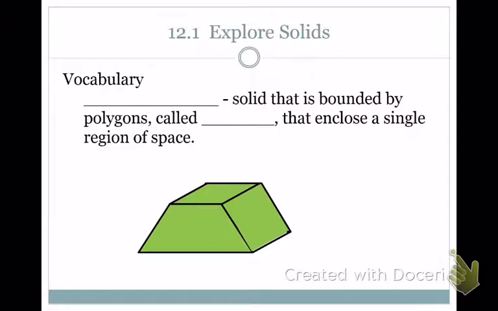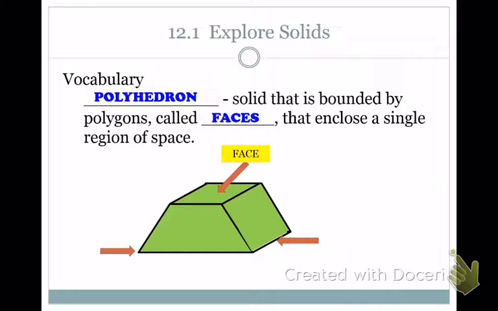What exactly are we talking about here? Some vocabulary. Some solids are what we call polyhedrons. A polyhedron is simply a solid that has polygons for its faces, right? It's bounded by polygons. Faces are just the sides, right? So your faces are these guys here, right?